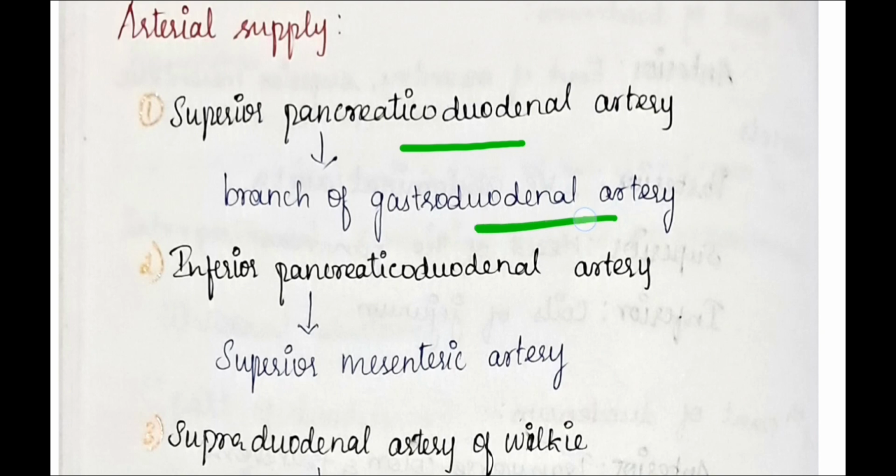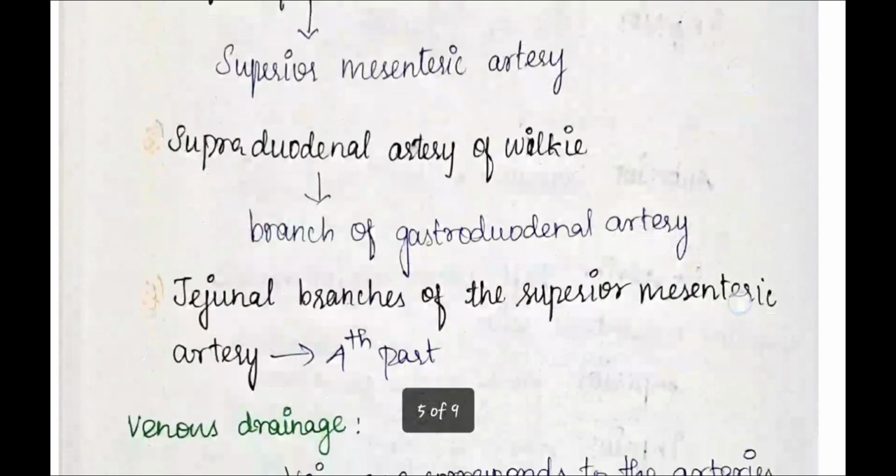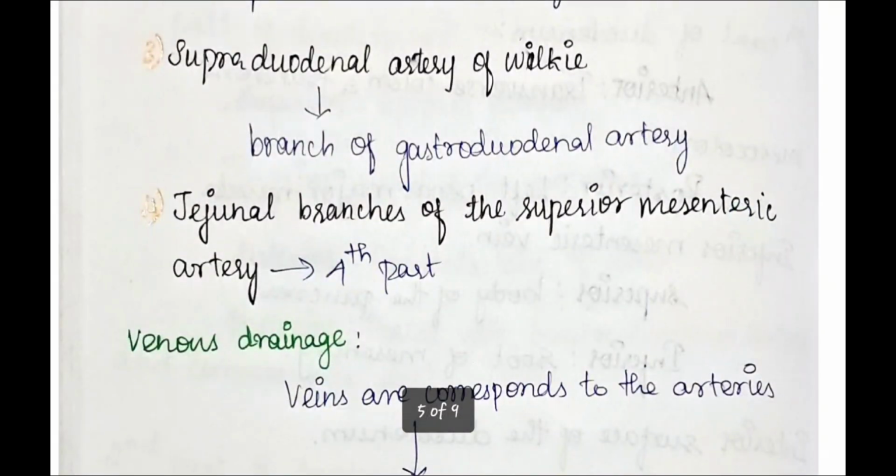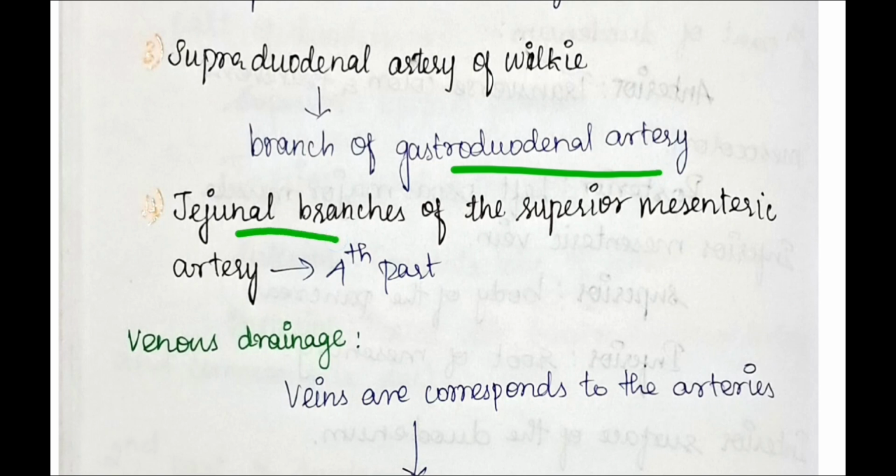From the gastroduodenal artery, the superior pancreaticoduodenal artery arises. Whereas the inferior pancreaticoduodenal artery is the first branch of the superior mesenteric artery. The supraduodenal artery of Wilkie is also a branch of the gastroduodenal artery. Jejunal branches are from the superior mesenteric artery, which arise on the left side. Okay, so these are the arterial supply of the duodenum.